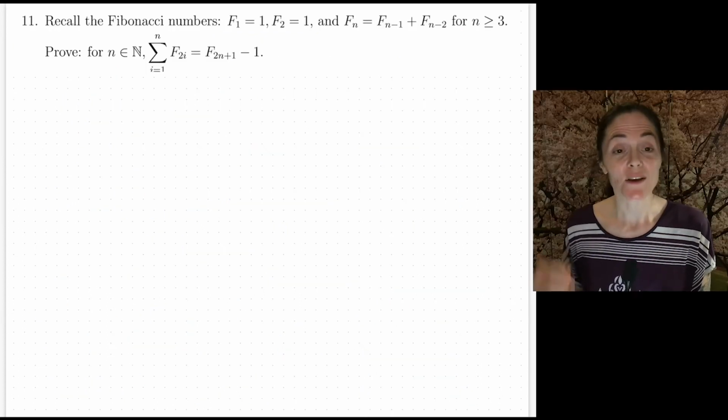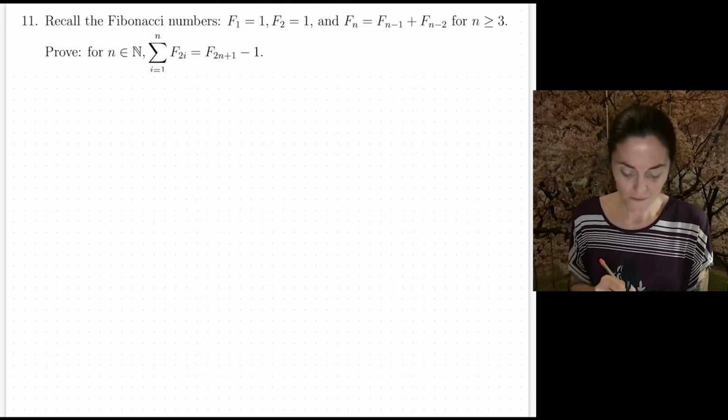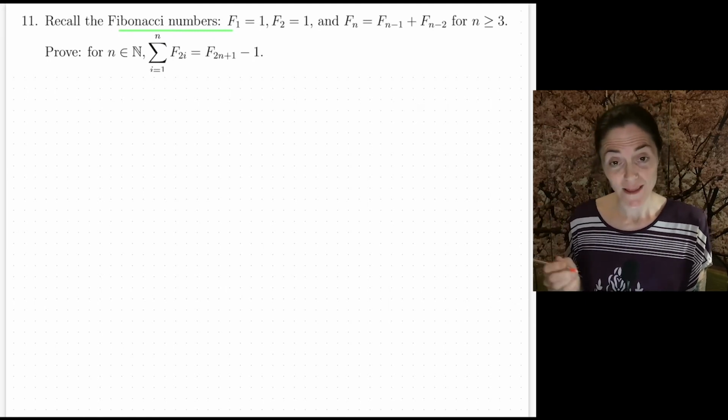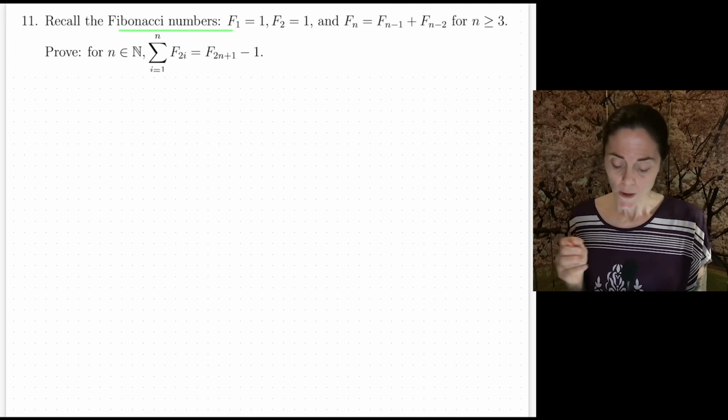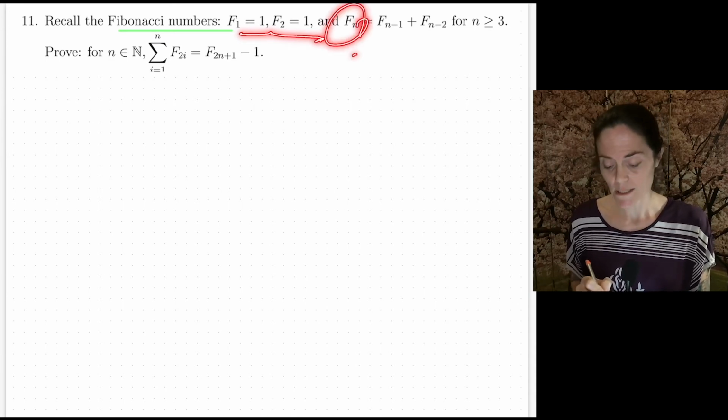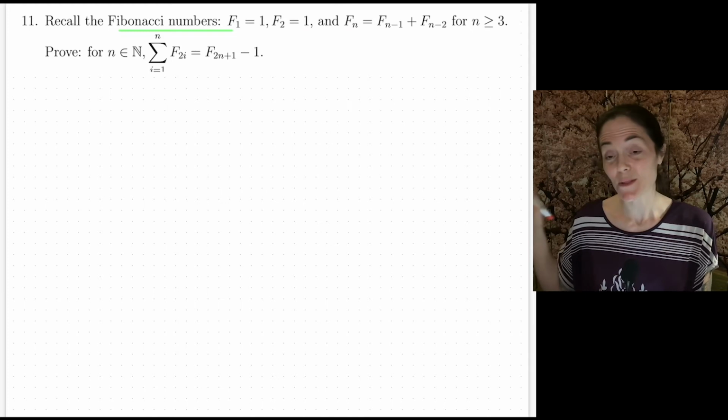Number 11. Well, this problem involves Fibonacci numbers, but it's the first of a few that are induction problems. Let's remind ourselves about the Fibonacci numbers. They satisfy F1 is 1, F2 is 1, and then you get the nth Fibonacci number by adding the two that came before.